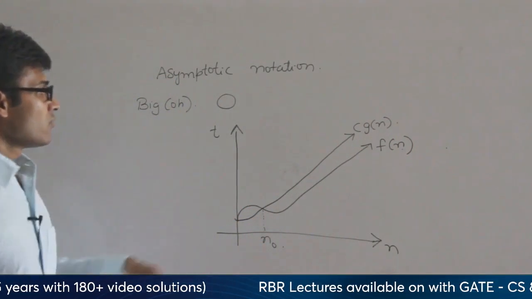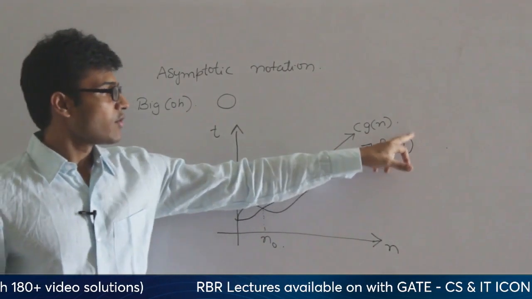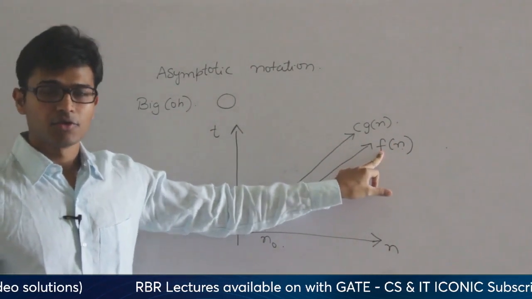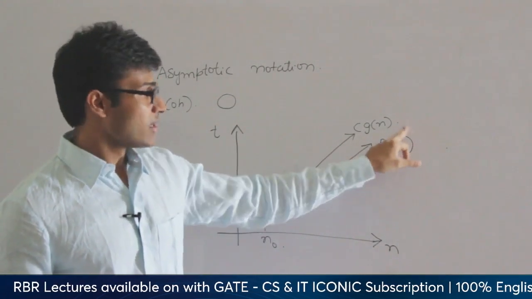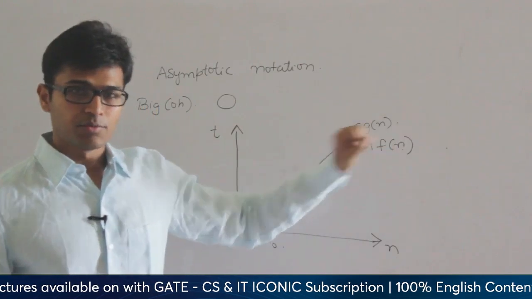For a given algorithm, how do you find f of n? I'll tell you later. Given an algorithm, you should be able to find its time complexity, or its f of n in terms of input n.